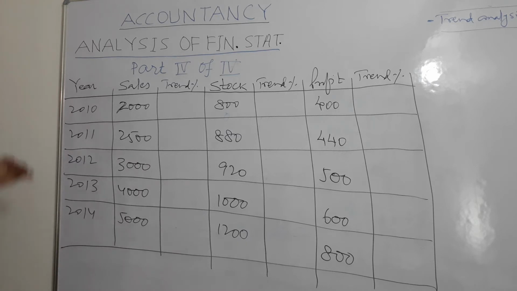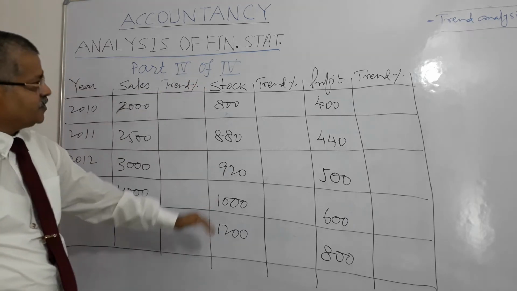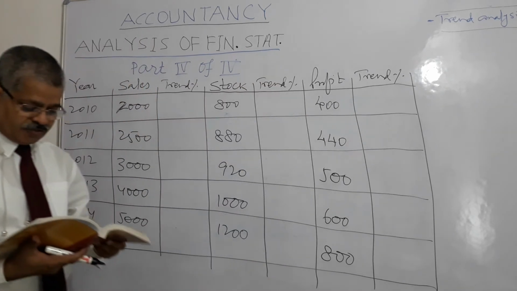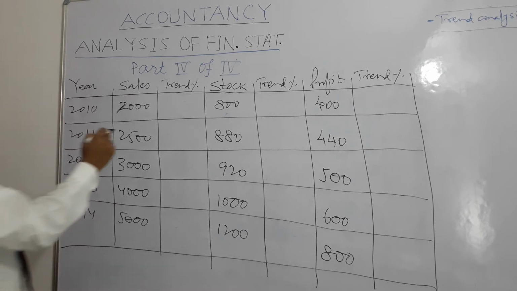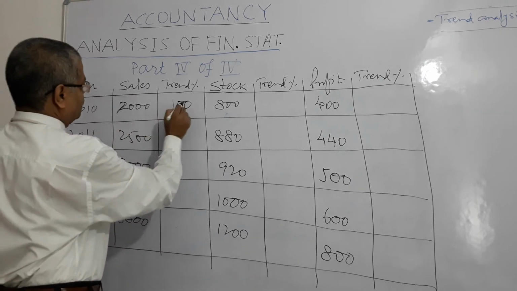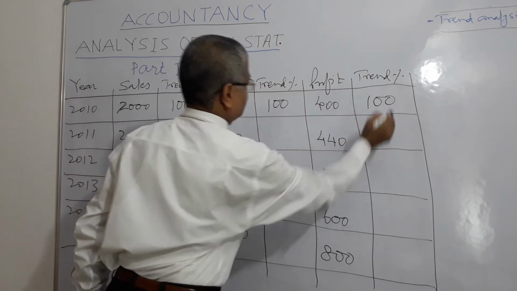So for the years 10, 11, 12, 13, 14 we have sales, stock and profit this much, and we will take out the trend percent. When we do this, the initial figure will be 100 in all, because that's the first figure, the base year.